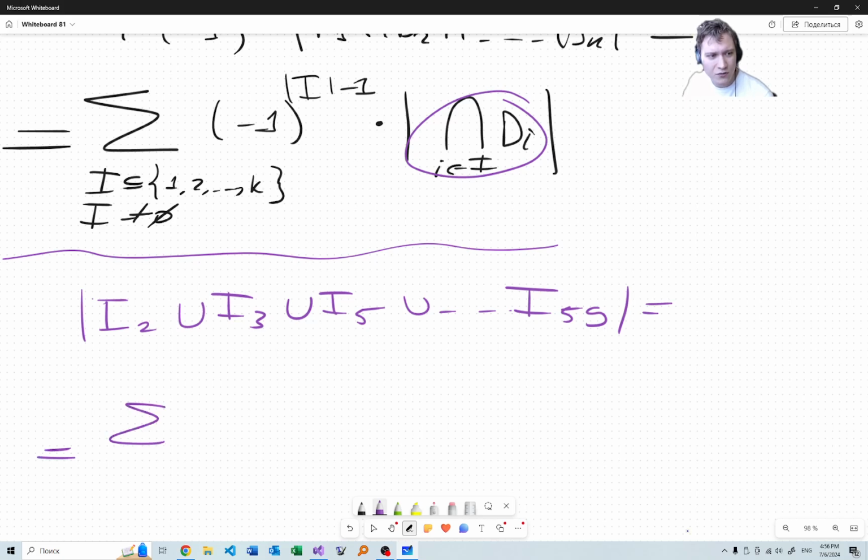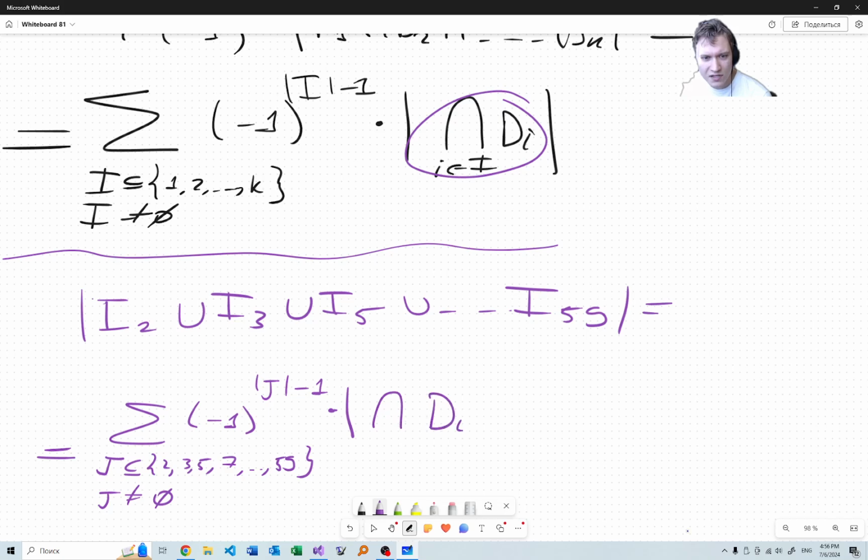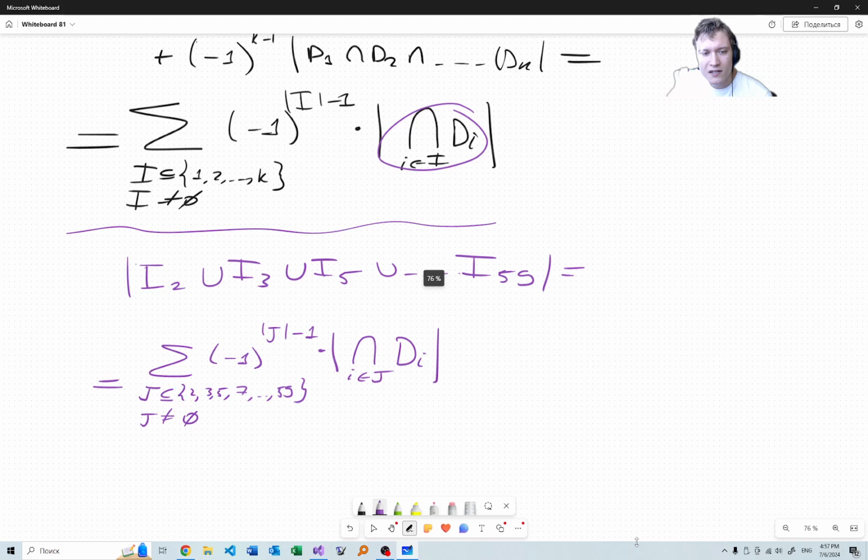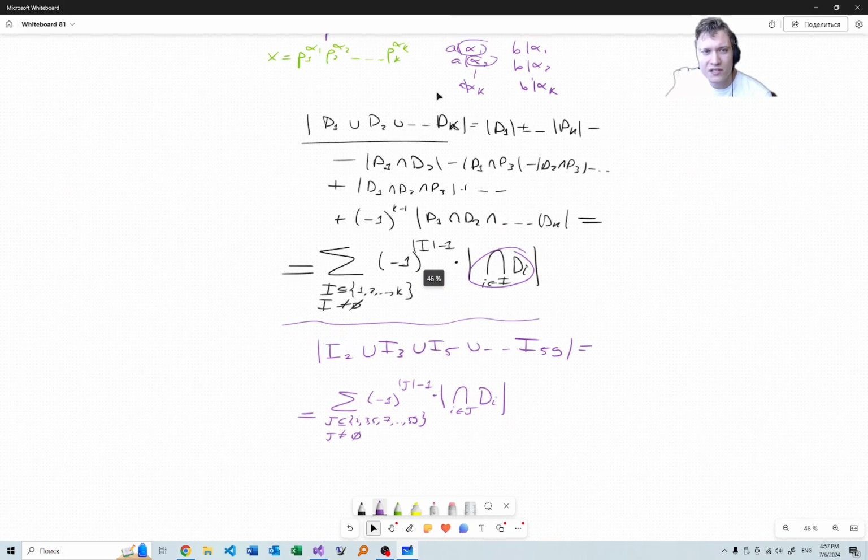So sum over all J's which are non-empty subsets of 2, 3, 5, 7, etc., 59, of -1 to the power of size of J minus 1 times the size of the intersection of the I's where i is in J. Okay, let's remember what I said about the intersection of these I's. Sorry, not Di, but Ai.